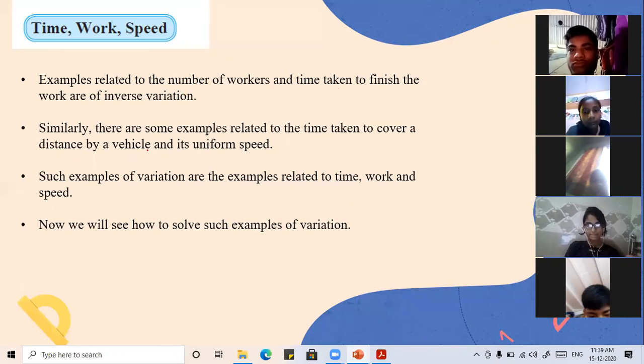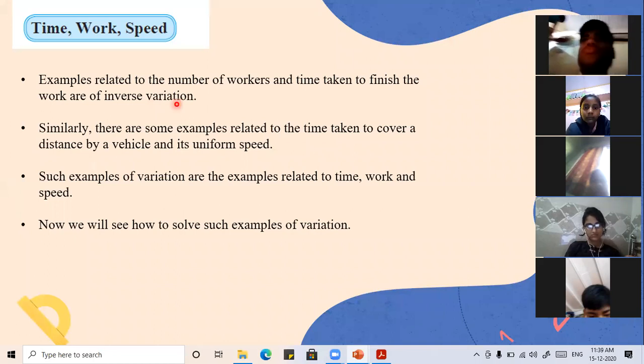Whenever the problem sums are on the number of workers and the time taken by those workers to finish the work, you should understand that it is inverse variation. Even if inverse variation is not written, you should understand that that sum will be of inverse variation type.